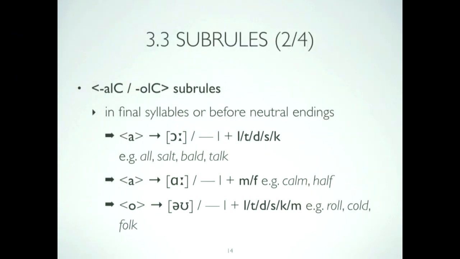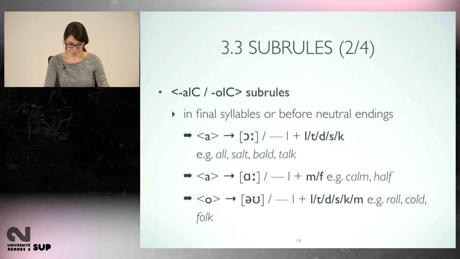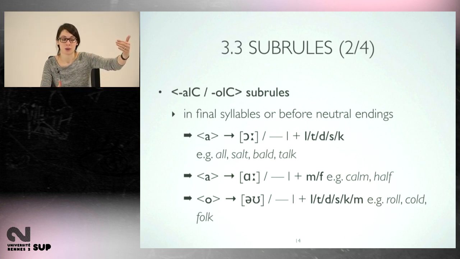Finally, O is affected as well in some contexts. That is, it's pronounced with its free value when it's followed by an L, followed by L, T, D, S, K, M. Only F has no impact, whereas it has an impact with A. So that's what you have in roll, in cold, in folk.